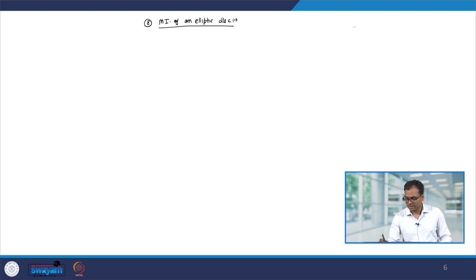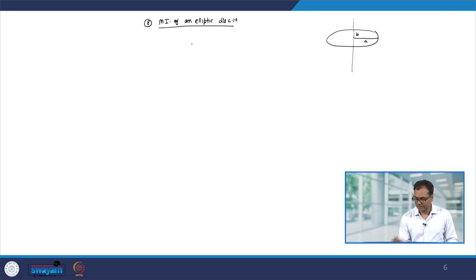Let us say we have an elliptic disc, its semi major axis is A and semi minor axis is B. Then the moment of inertia about the major axis will be 1 by 4 m b square, and about the minor axis it will be 1 by 4 m a square.